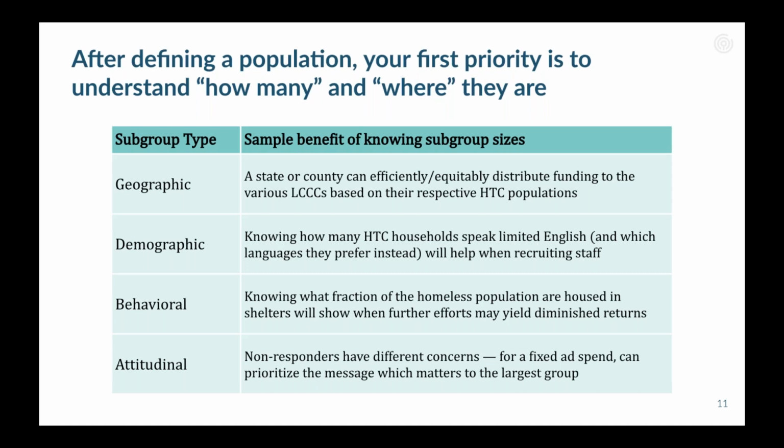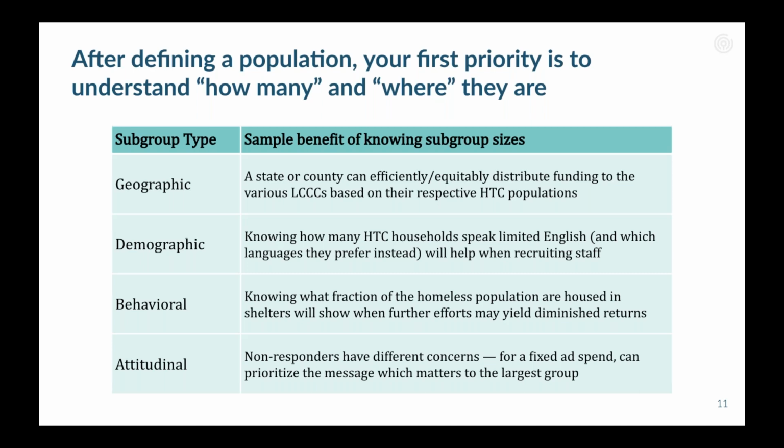So some populations are defined geographically, and you might consider a state or a county being in the position of allocating a large pot of funds coming from a legislature, for example, having to allocate those funds to various LCCCs, that's local complete count committees.